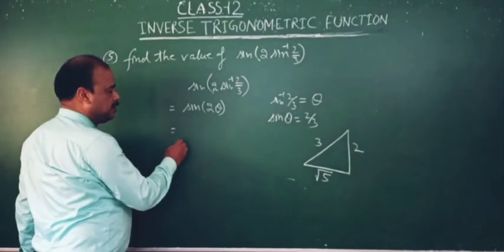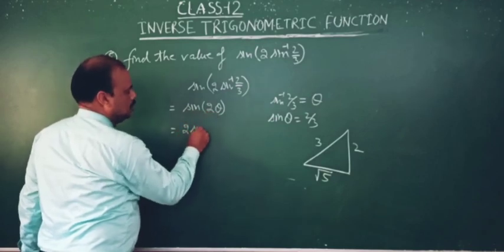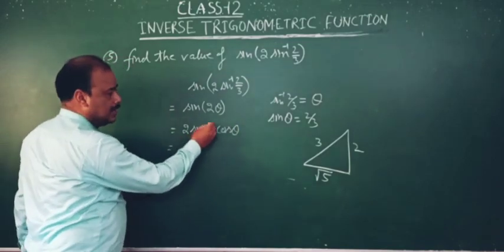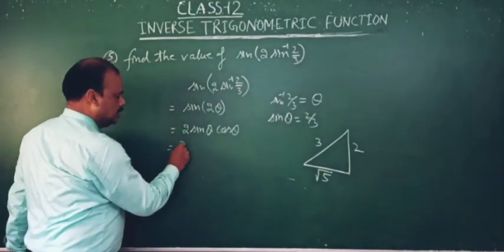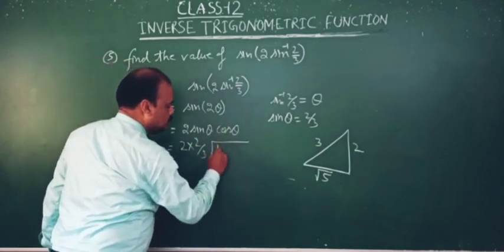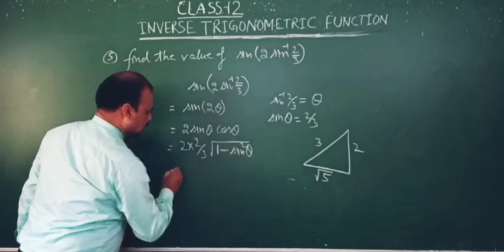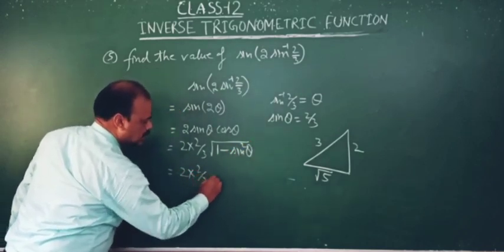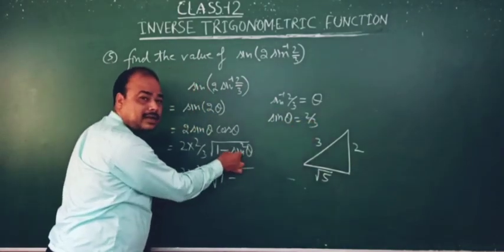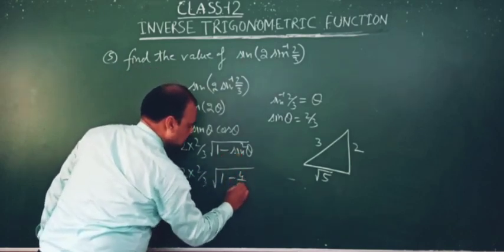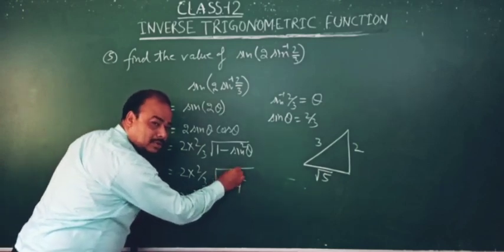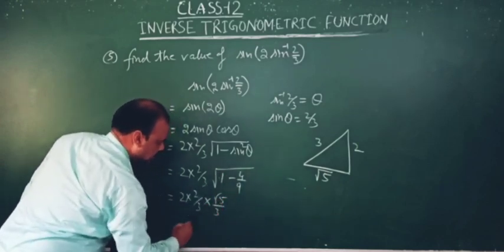By using the double angle formula, sine 2 theta equal to 2 sine theta into cos theta. The value of sine theta is 2 by 3, so 2 into 2 by 3, and cos theta is written as root of 1 minus sine square theta, so 2 into 2 by 3 into root of 1 minus the square of 2 by 3, it means 4 by 9. 9 minus 4 is 5, it means root 5 divided by 3.